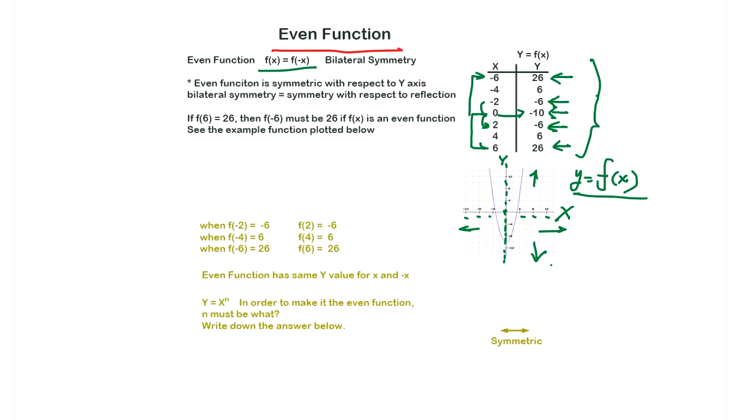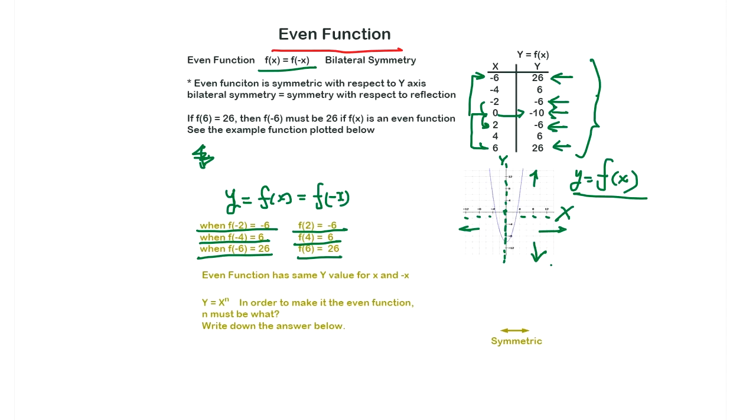That means f(2) is negative 6, f(negative 2) is also negative 6, f(4) is 6, f(negative 4) is 6, f(6) is 26, f(negative 6) too. So this is f(x) equals f(negative x). Okay, so this kind of function is called even function.